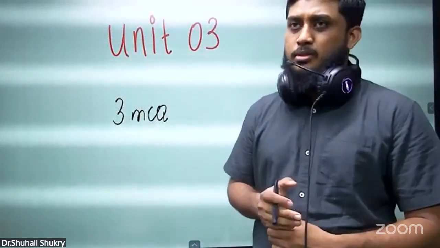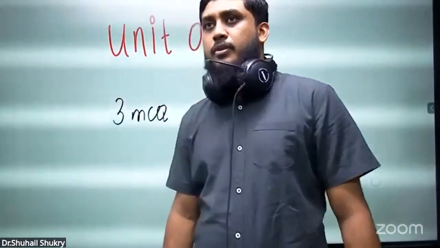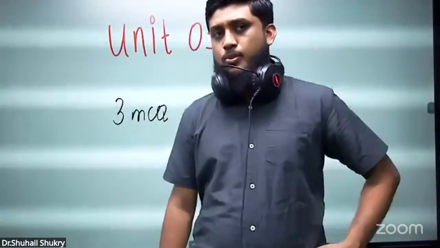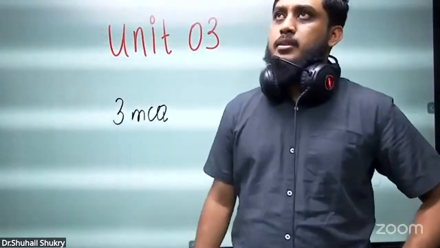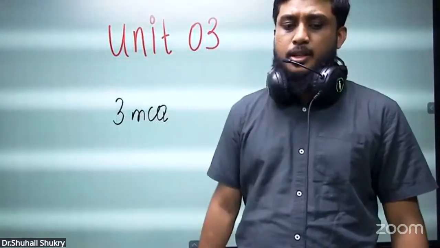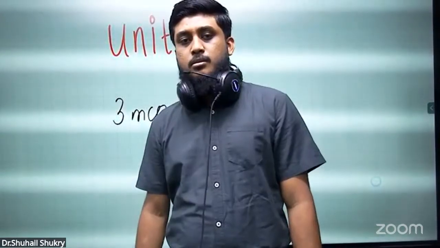You also need the help of inorganic chemistry as well. Normally they have allocated 75 marks for this. If you divide 75 by 20, how much is it? 3.75.